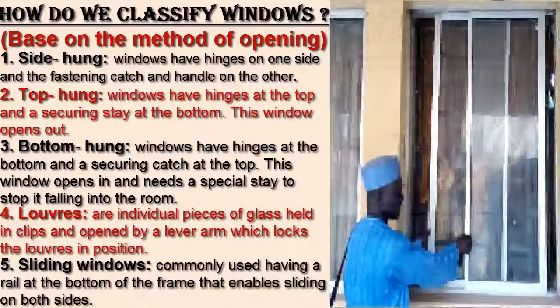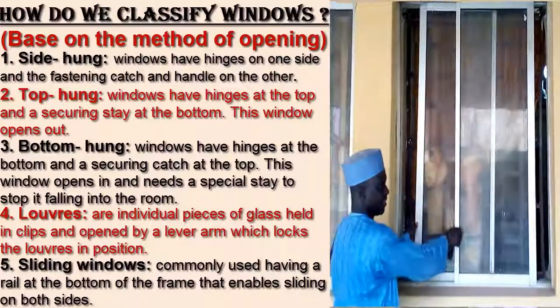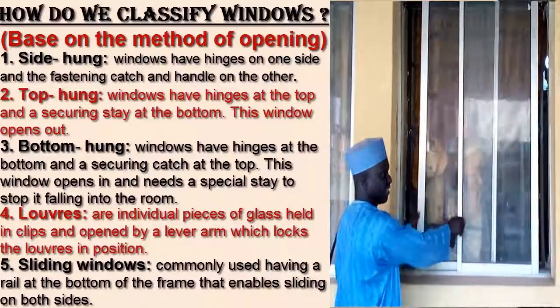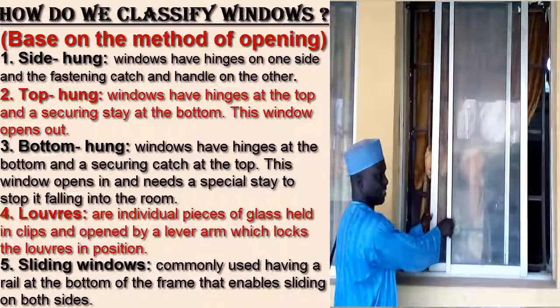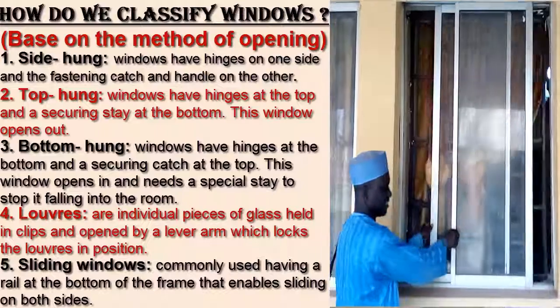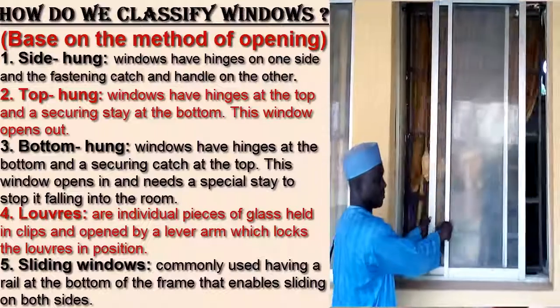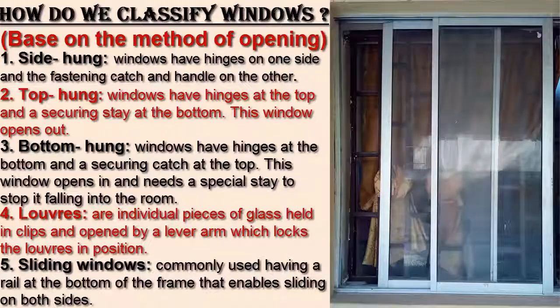You can see in the picture a common sliding window. They mostly use glass material, and they are commonly available in our homes, schools, and offices. Those are the common types of window we can find around.